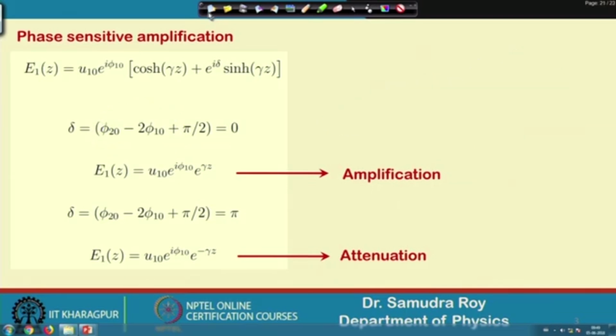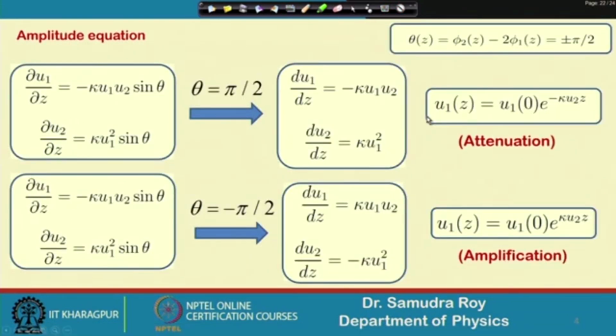So, once we have this delta including this term, then readily we find that this is the same phase relationship that we already got in the previous calculation. If I extend this, I think this will be clear. We already have this expression for amplitude, and this amplitude expression for u1 and u2 is related to sin theta.